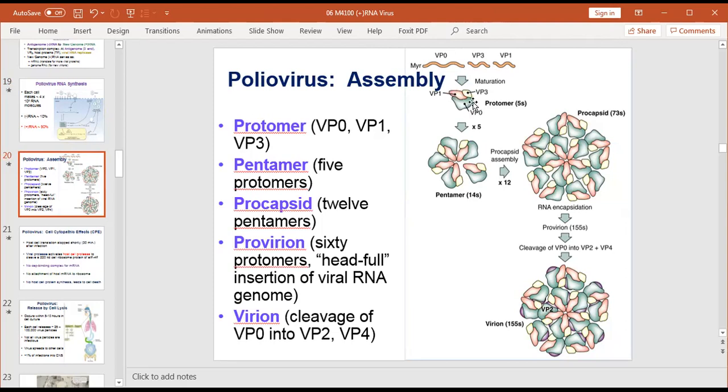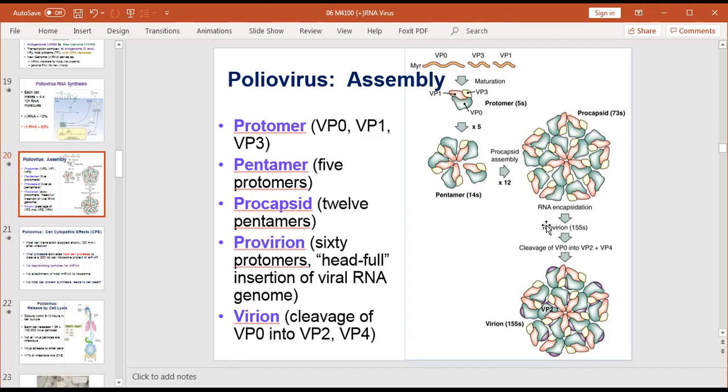They come together. 5 of these complexes of 3, 5 times 3 would be 15, will form a pentamer. And then 12 pentamers will form a procapsid. Procapsid is when the RNA will be encapsulated.